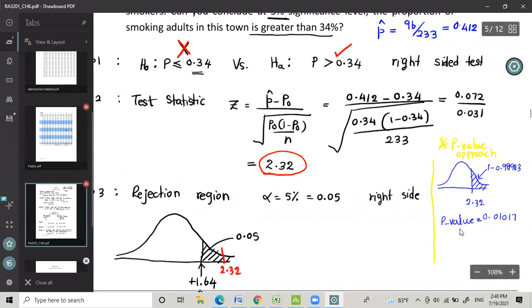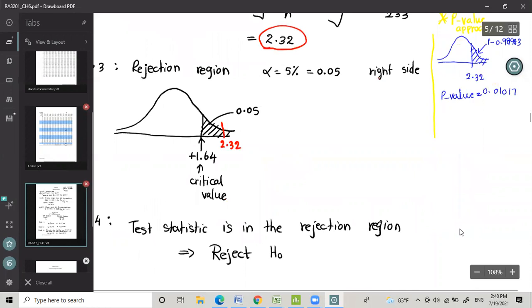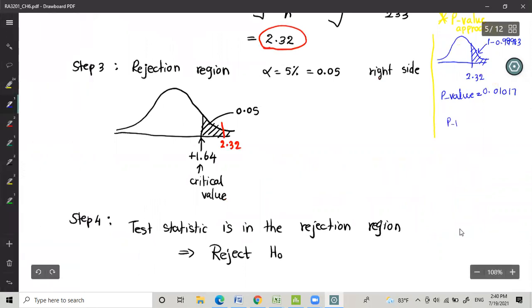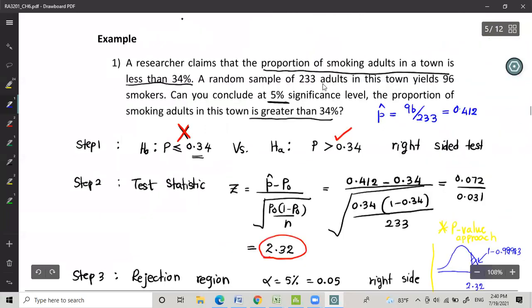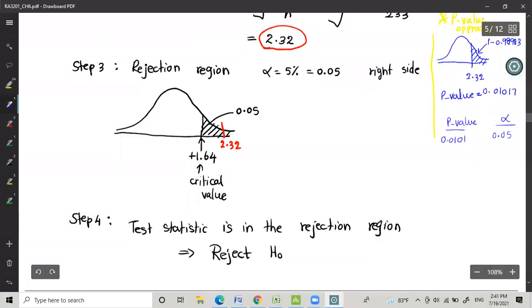Now what is the next step? You have to make the decision. So how do you make the decision? You compare this p-value with your alpha. Now this is when your alpha is going to play the role. So what is the alpha? 5%, 0.05. And here's the p-value. Now what do you say? 0.01, is it less than or greater than 0.05?